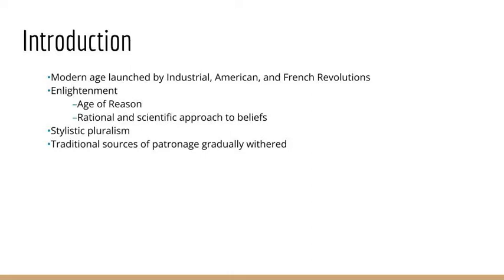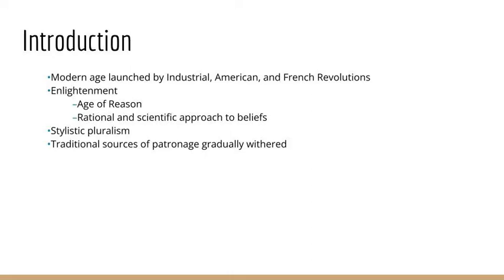It's considered another enlightenment, not like the Renaissance itself, but definitely an enlightenment, considered the age of reason, where people had rational and scientific approaches to belief systems. And also, there was a lot of stylistic pluralism. That means that the styles kind of muddled together and overlapped.